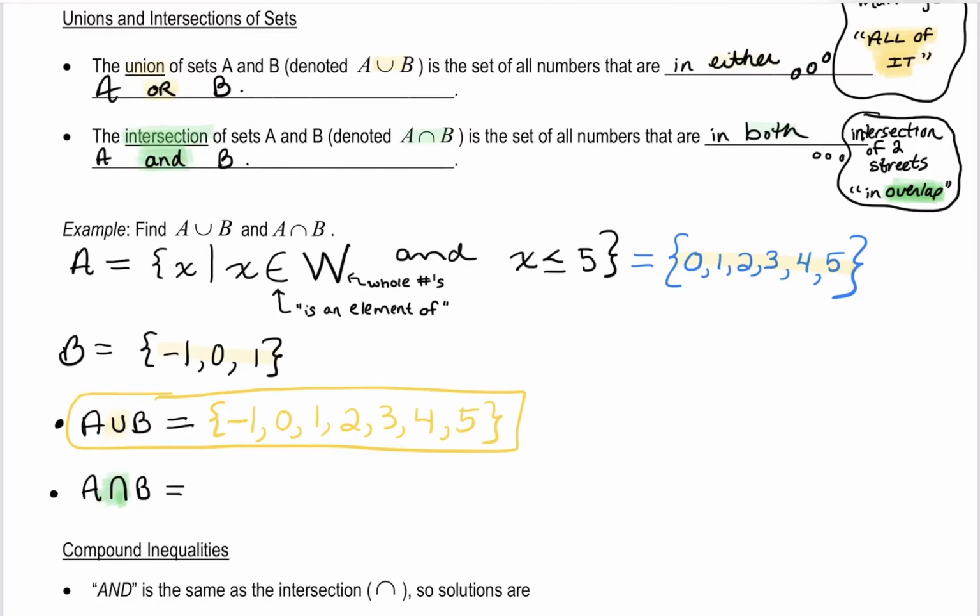But here I'm looking for all the numbers that are in both sets, and I've just highlighted them in green there. And it looks like we just have the two numbers 0, 1. So those are the two numbers in my intersection.